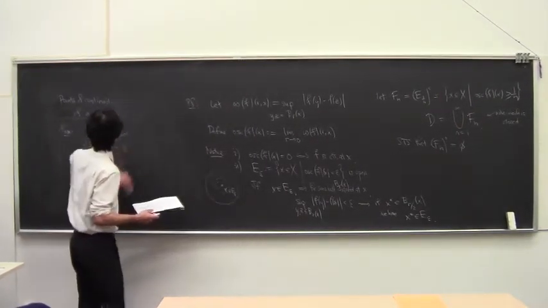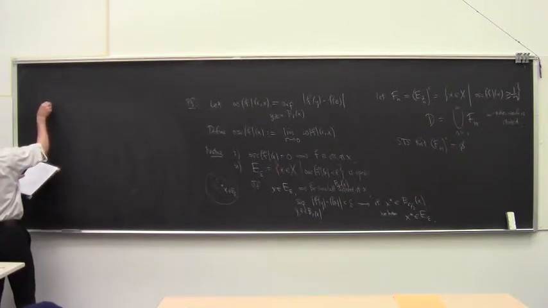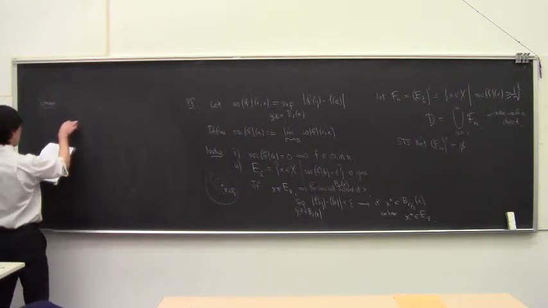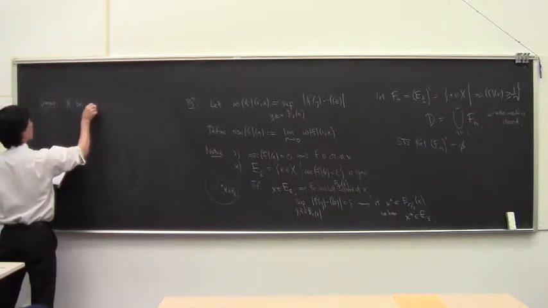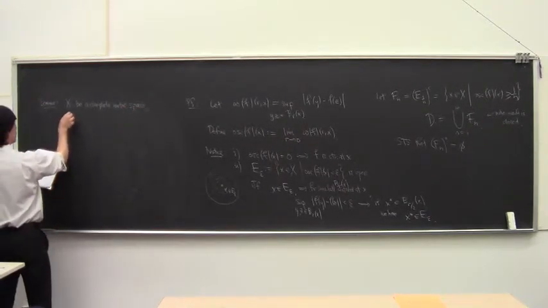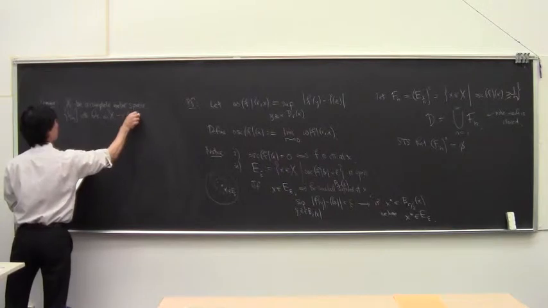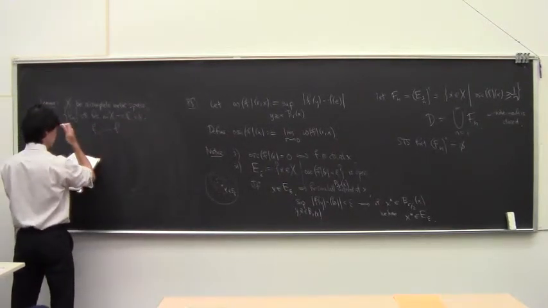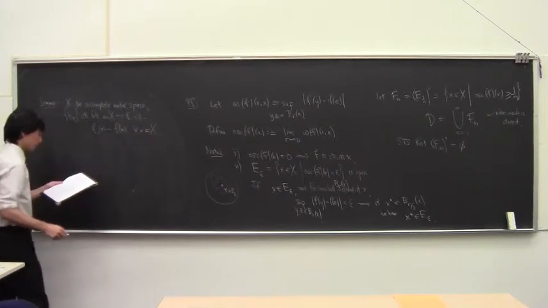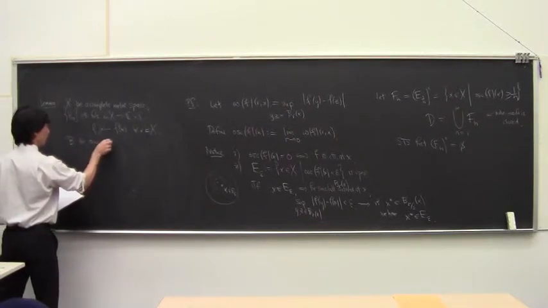To do that, we'll require the following lemma. So that is, let X be a complete metric space, and again, f_n be continuous functions on X such that f_n(x) goes to f(x) at each point, and let E be any open ball.